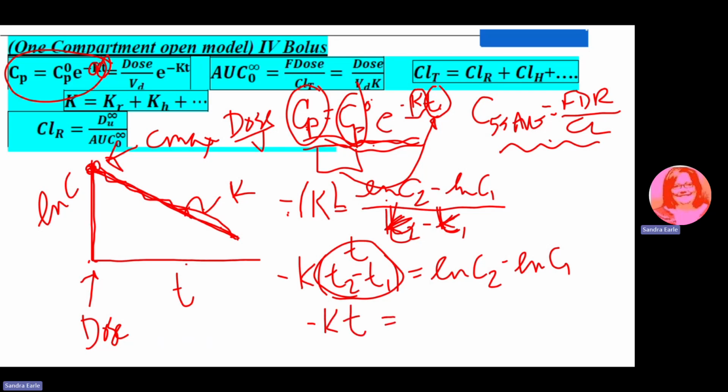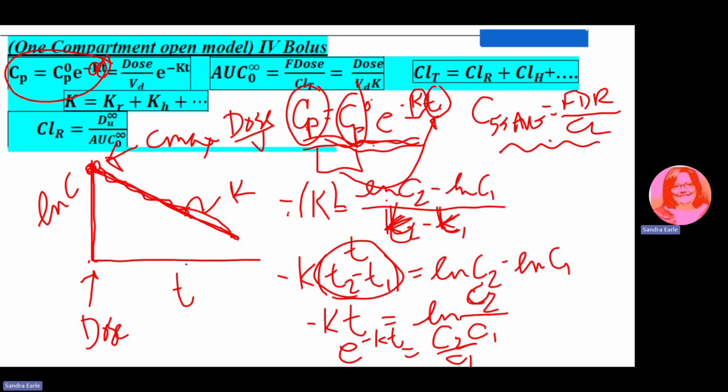And also note that this is equal to the natural log of C2 divided by C1. This is all algebraic rules. Now, if we take the inverse log of each of these, the natural inverse log of ln, that gets rid of those altogether. And this is what we have.